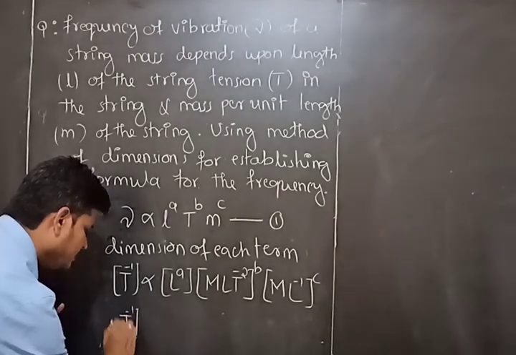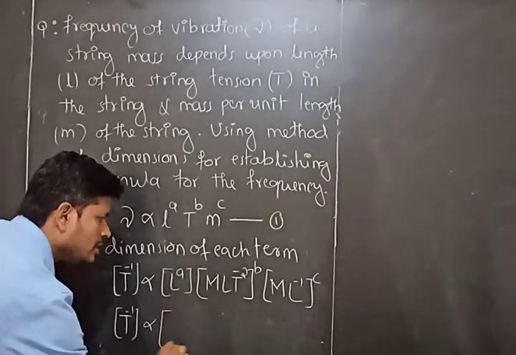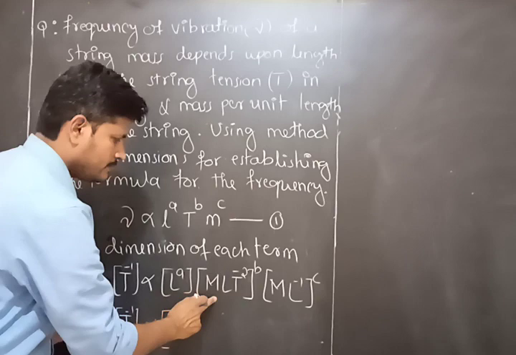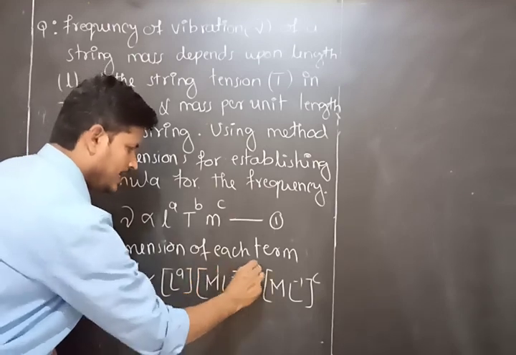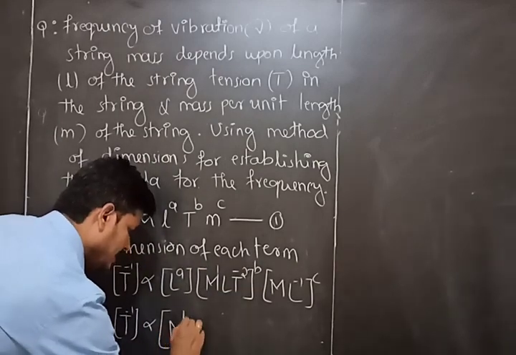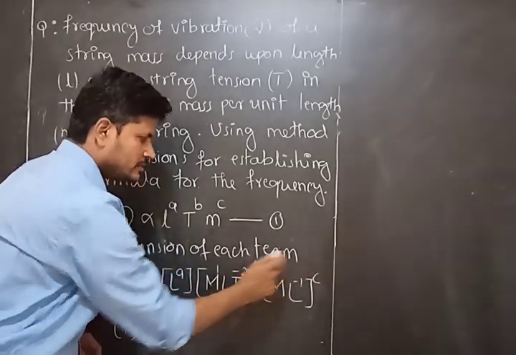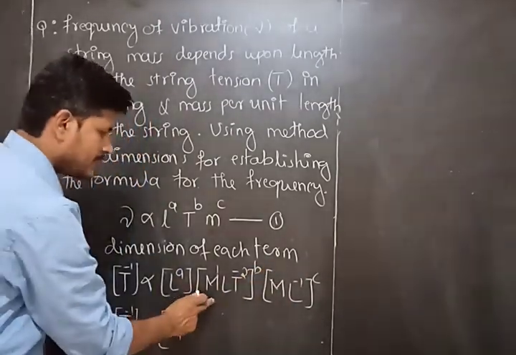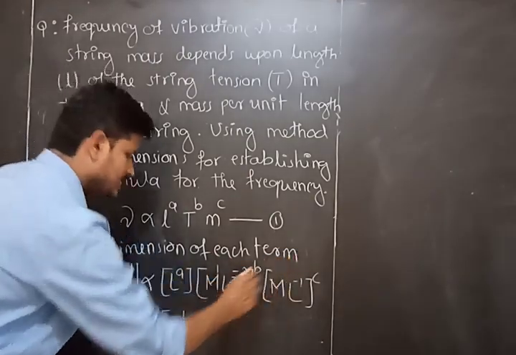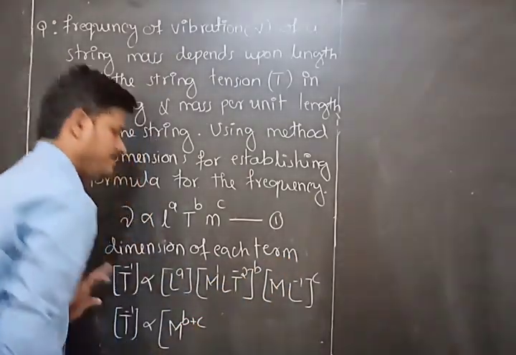T raised to minus 1 is proportional to M raised to B times M raised to C, that is M raised to B plus C.